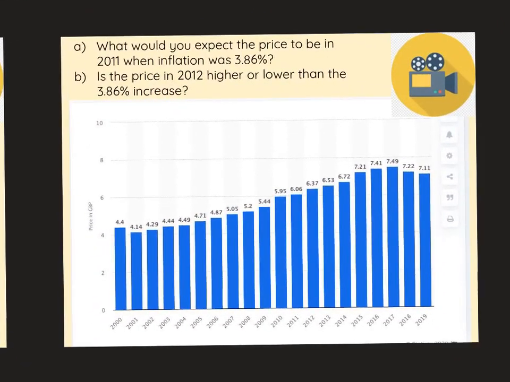So what would you expect the price to be in 2011 when inflation was 3.86%? So the government didn't meet its target that year. You could go on the Bank of England and read the letter about it as to why it didn't. So it was a lot higher, 3.86%. So if we look at 2011, the price is £6.06.